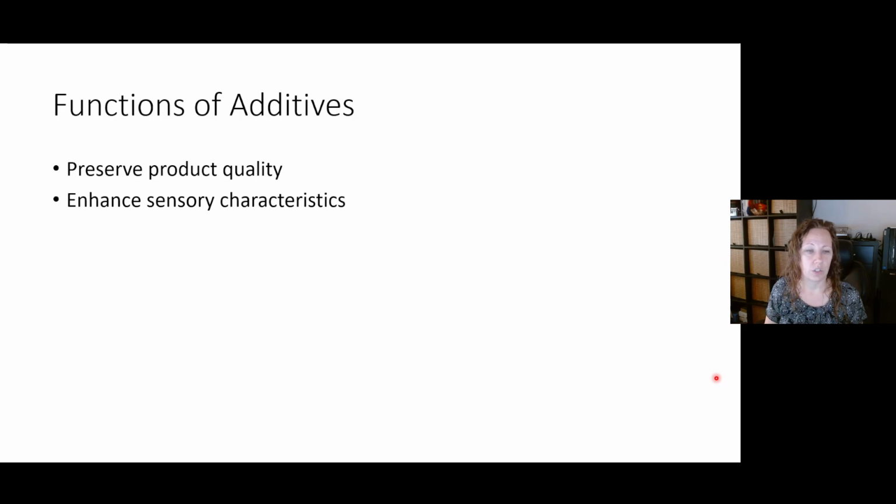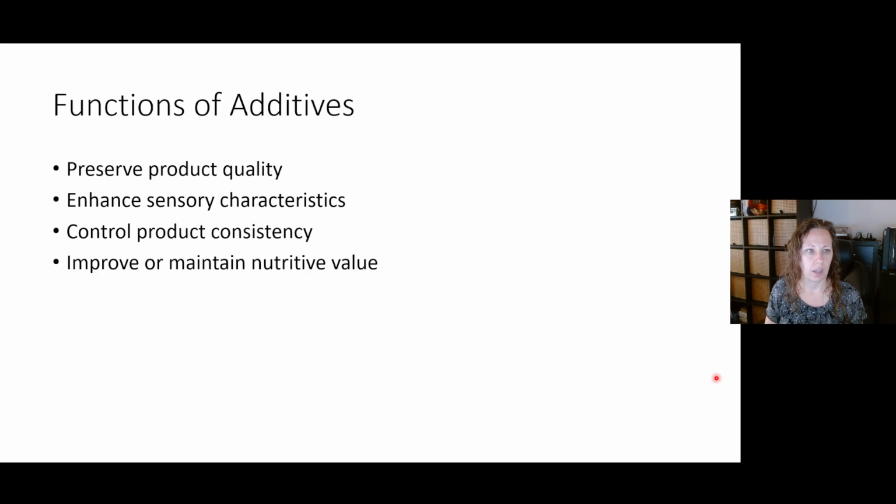Next, to enhance sensory characteristics. To control product consistency. And to improve or maintain nutritive value. So we're just going to go over the first one, preserve product quality, in this lecture.